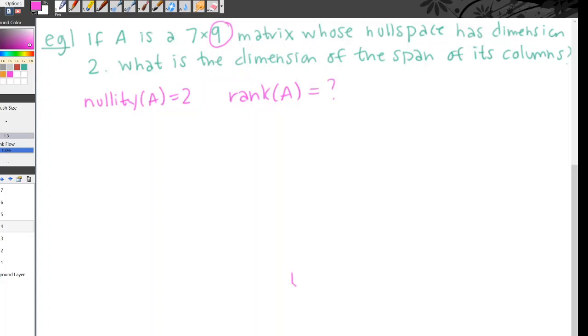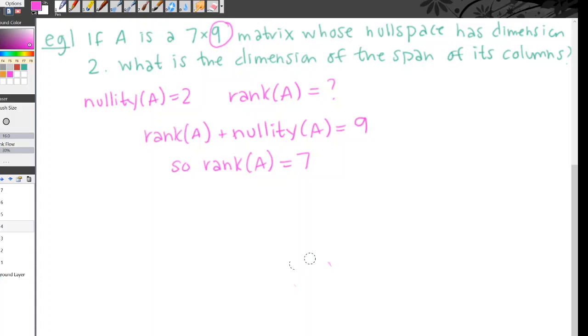And we know that the rank of A plus the nullity is supposed to add up to the number of columns, which is 9. And so from that, we can conclude that the rank has to be 7.